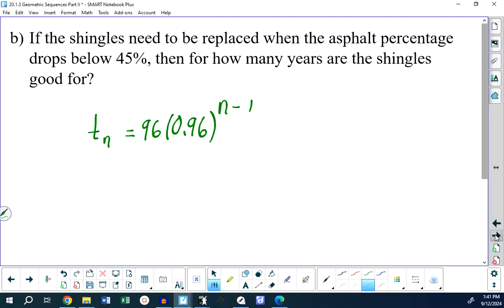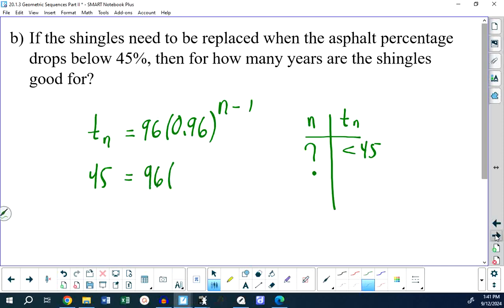We want to know what n is when Tn drops below 45. So we're going to find out what n is to give us 45, and then reason out how many years they're good for. So I'm going to put 45 here, and I need to solve this equation.